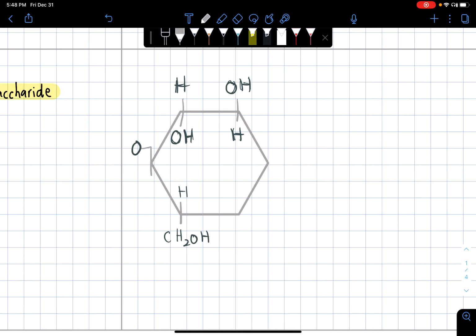And yes, we finished a portion of the polysaccharide structure. Now, what we have to do is to add another hexagon that would perfectly sync in with it, supposed to connect with this part.